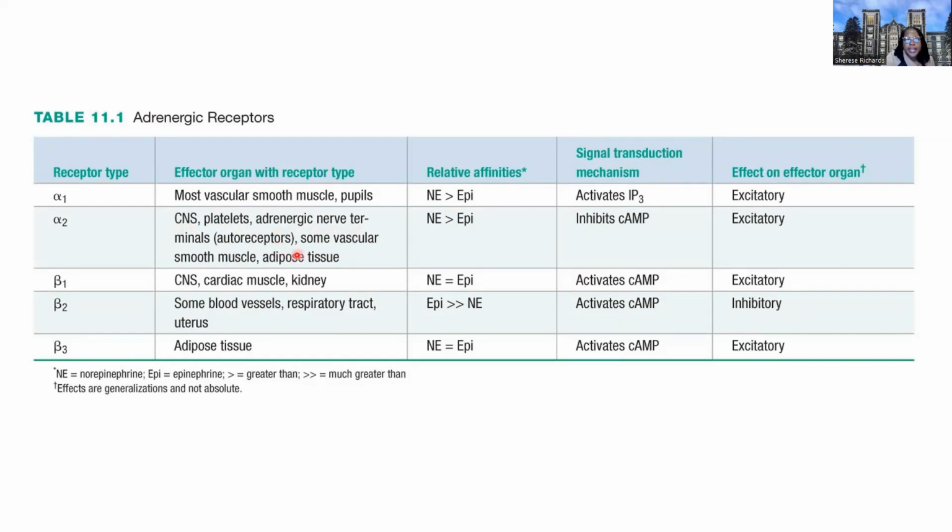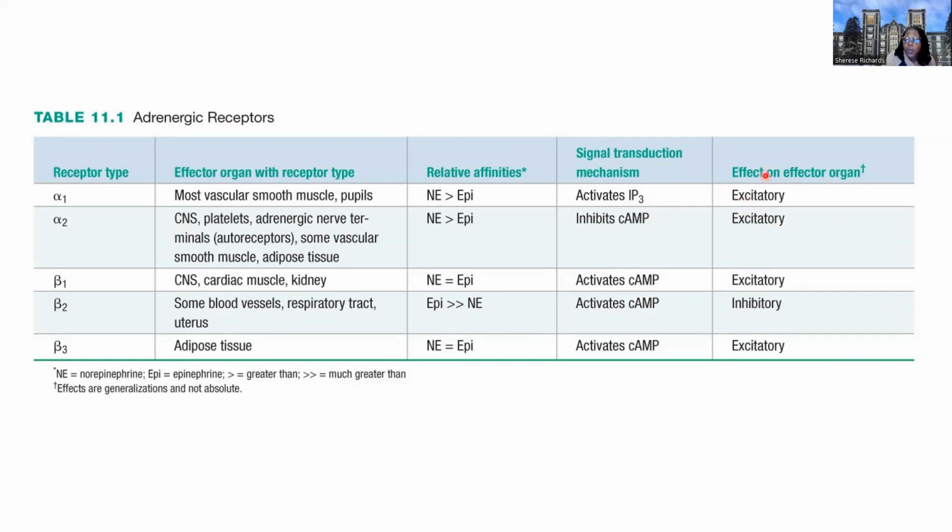The difference between alpha-1 and alpha-2 is that alpha-2, as we mentioned, inhibits its second messenger. Alpha-1 had a different amplifier enzyme and second messenger altogether, so alpha-1 is sort of different in that way.